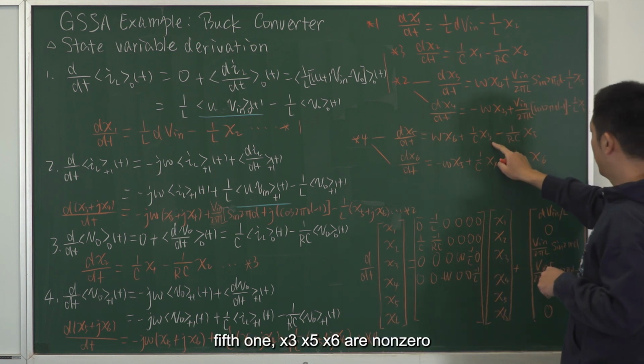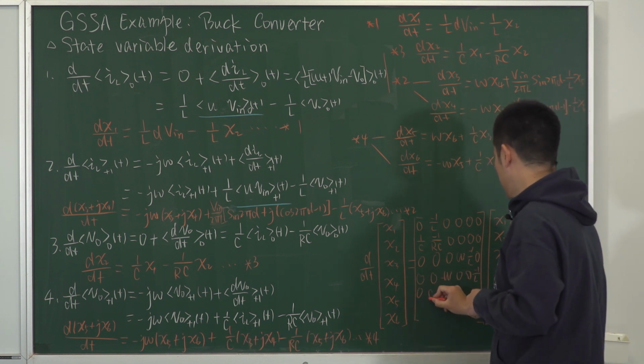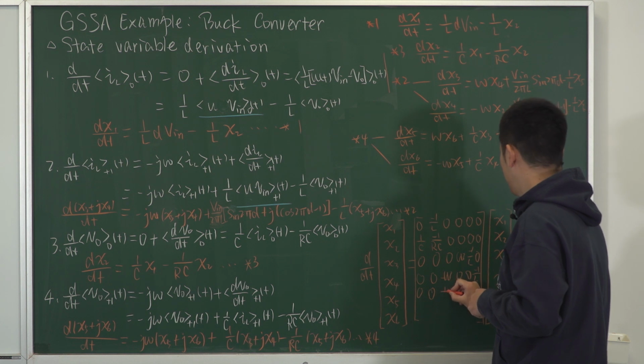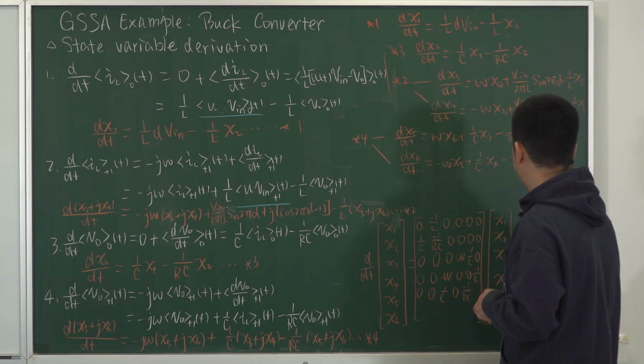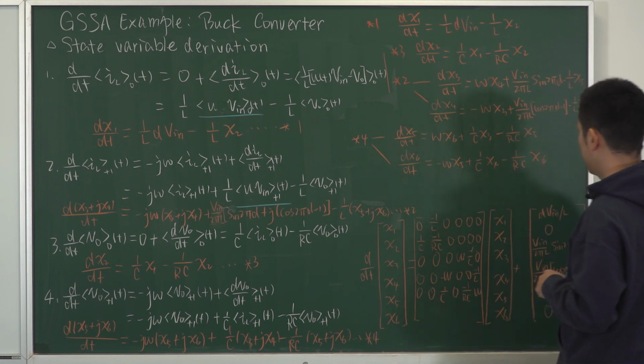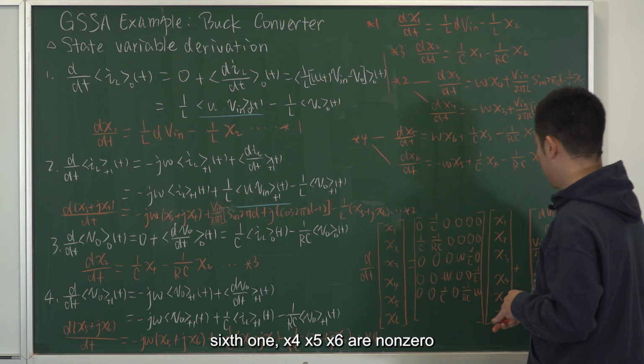Fifth one, x3, 5, 6 are non-zero. Sixth one, 4, 5, 6 are non-zero.